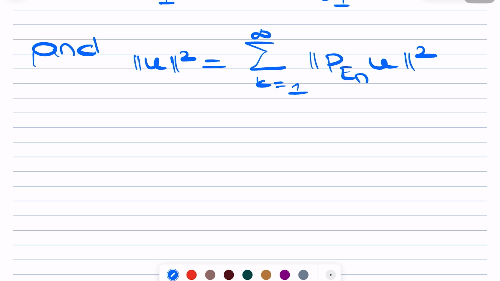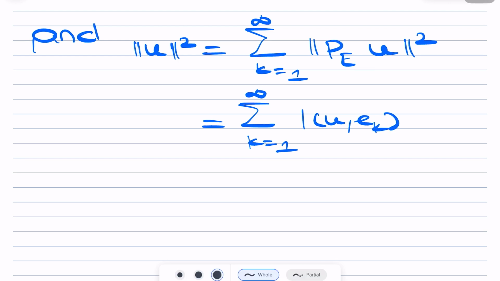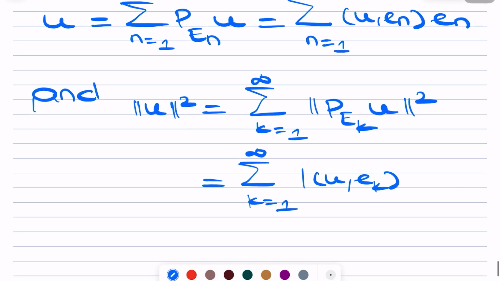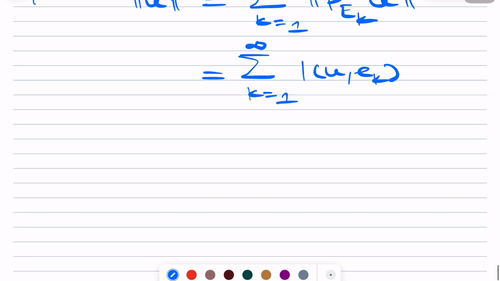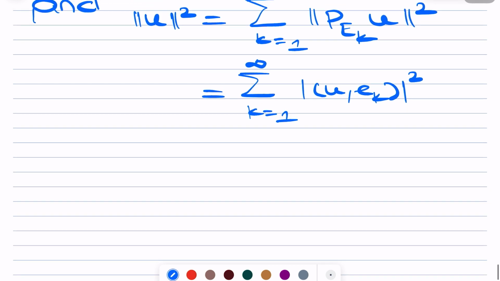If I write it fully, this is the summation over k of the absolute value of the scalar product of u and e_k, squared, times the norm of e_k squared.